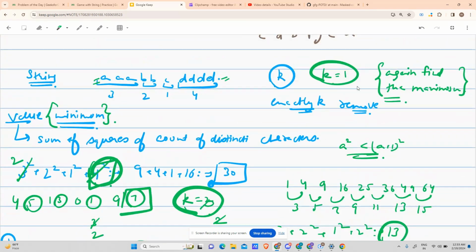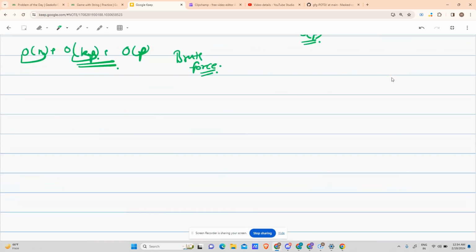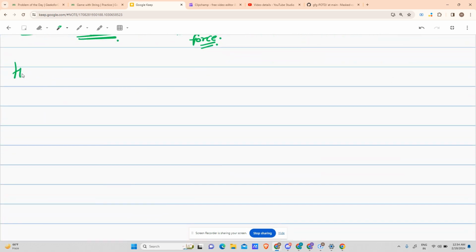I was saying that you should note, again find the maximum, again find the maximum, again find the maximum. Can we use a data structure defined for that? Yes, we can. Here comes the concept of heap, which is also known as priority queue, right? What is the function of a priority queue?